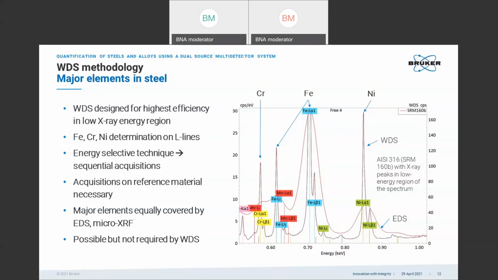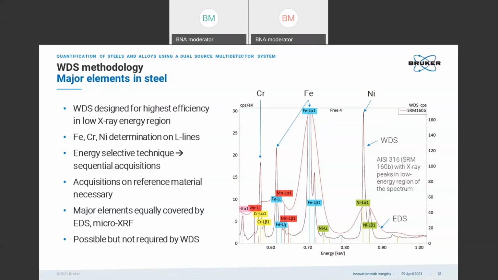WDS can in principle determine all the elements. So we can also determine the major elements such as chromium, iron, nickel in the steels. But since this WDS is designed for highest efficiency and the low X-ray energy, we have to concentrate here on the L lines, which is not a great deal. We can do the quantification with the L lines also.